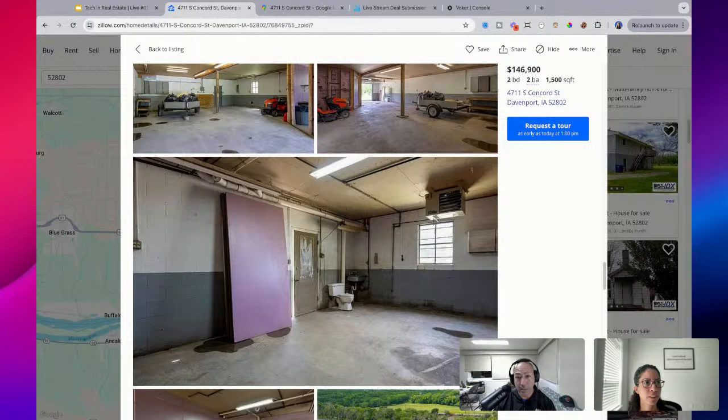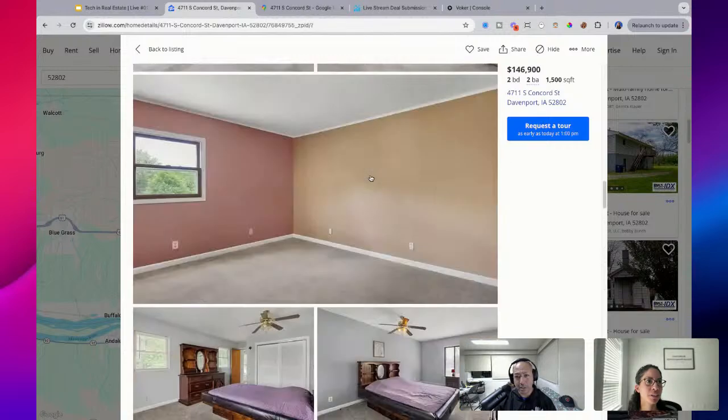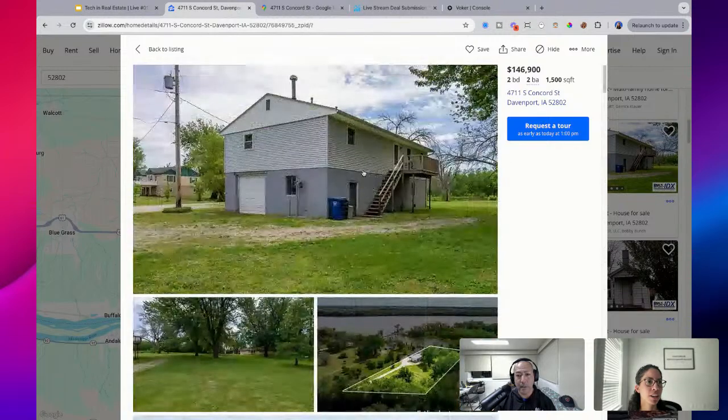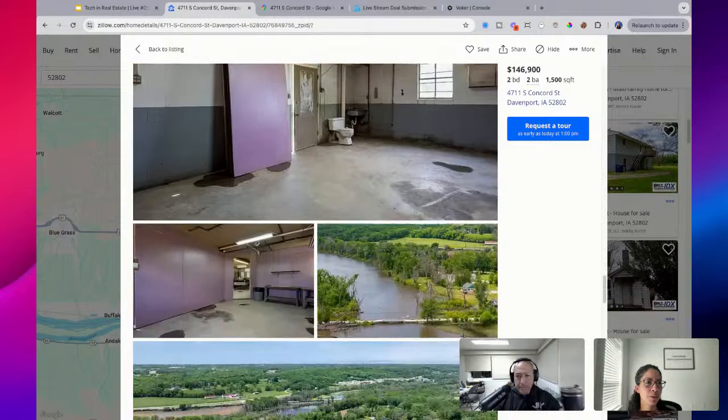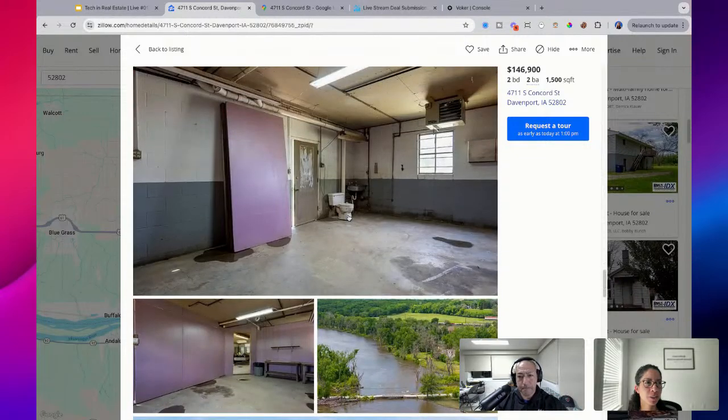But it seems like there's a lot of space. I was kind of shocked that it was only two bedrooms, because it looks to be pretty big. I think this whole bottom was used as some type of business. I'm a little bit confused why there's a toilet in the corner and a sink, but maybe it was a one-man shop and he did everything in one space.